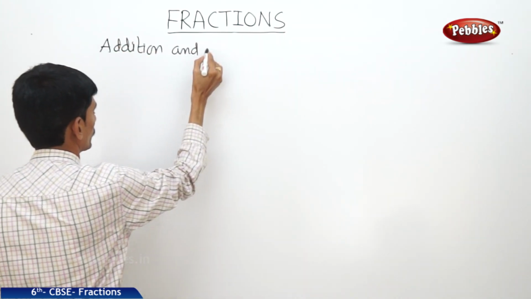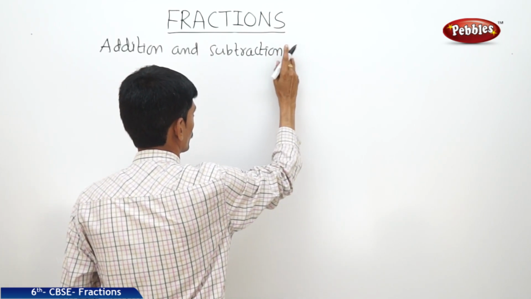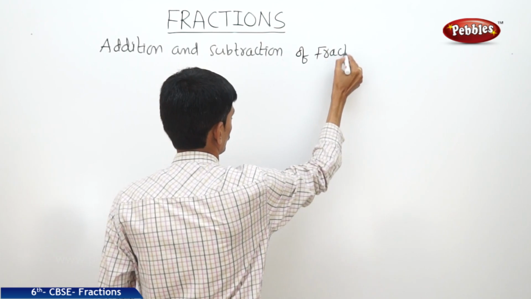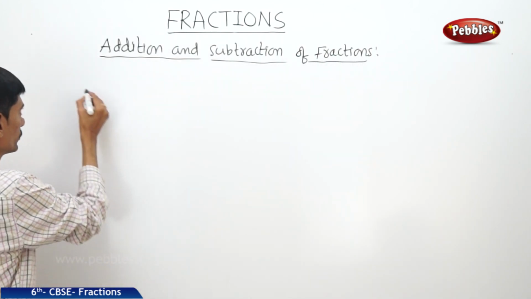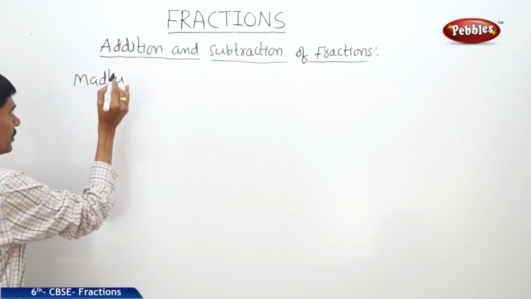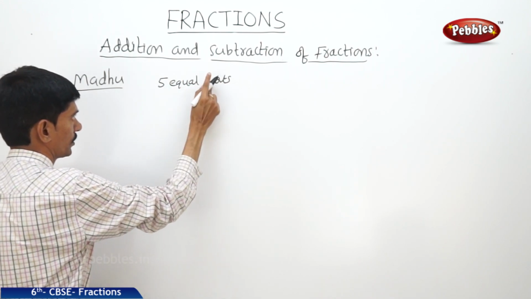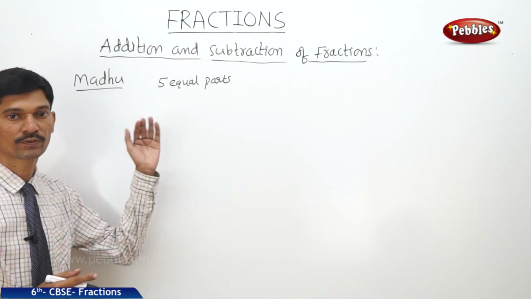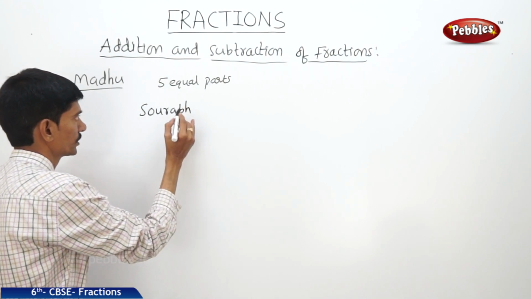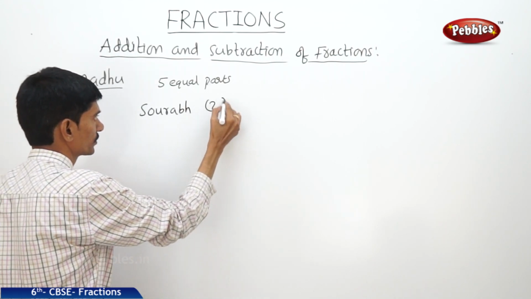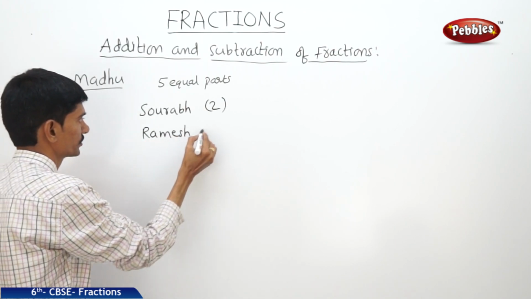Addition and subtraction of fractions. Now for example, Madhu has an apple and he divided the apple into 5 equal parts, and 2 parts he has given to his friend Saurabh, and he gave 3 parts to another friend Ramesh.